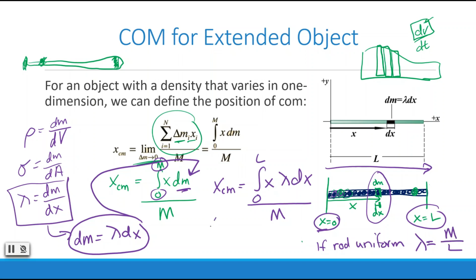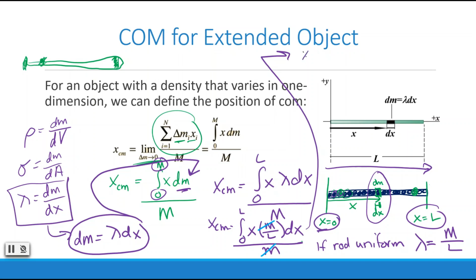And so I could substitute that in: the integral from 0 to L of x times m over L times dx, all over m. And then you can see what's going to end up happening here is that the mass on top is going to cancel the mass on the bottom.